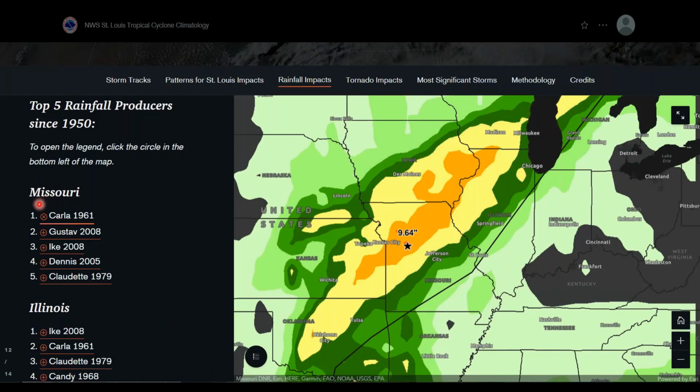The map action function in ArcGIS Online is a really cool feature to be able to click on these specific storms and visualize the storm rainfall, as well as the track of the storm, and the highest rainfall total that was recorded based off of WPC's TC rainfall page, which is maintained by David Roth.